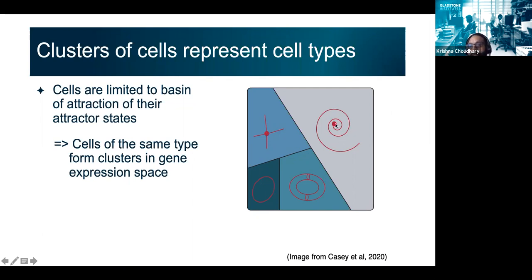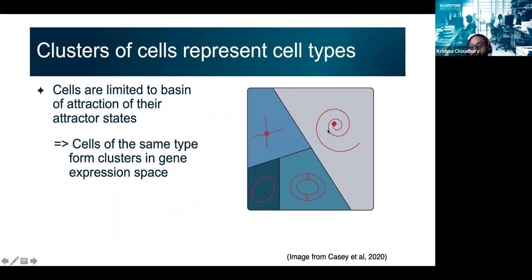Maybe cells are moving towards those stable cell types or stable expression levels of genes. They may not have them, but they are moving towards them. So they are confined to certain cell types. The cell types will be confined to the basins of attraction of their defining state, kind of.